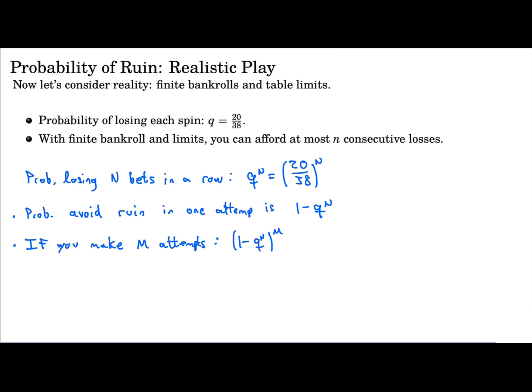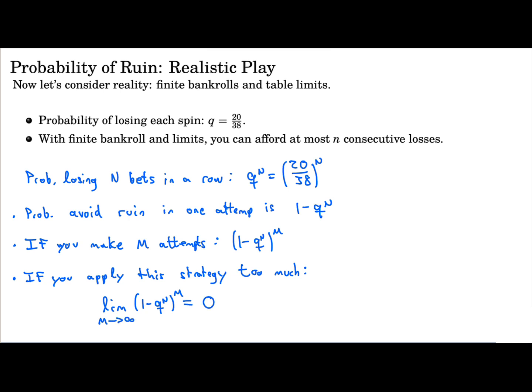The problem here is that if you apply this strategy too much, the limit of avoiding ruin, the limit of (1 minus q to the n) to the m when m goes to infinity, will be equal to 0.